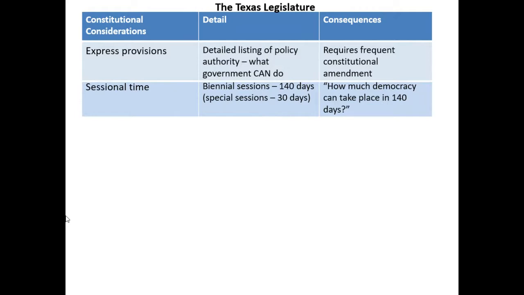A consistent 140 calendar days, right? Not legislative days. If they're not doing legislative business on a holiday or on the weekend or something like that, that's just lost time. Okay? So, holiday breaks.